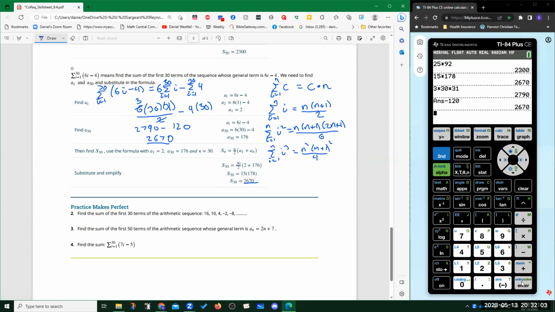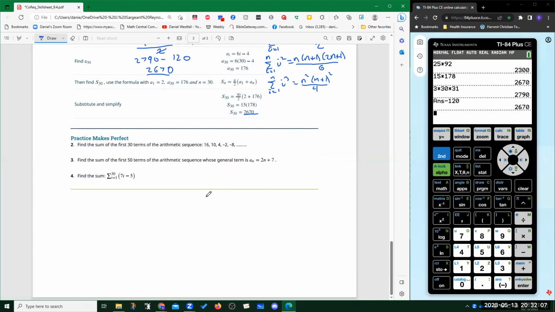All right, let's find the sum of the first 30 terms of the arithmetic sequence that is 16, 10, 4, -2, -8. So my D here is -6. It's arithmetic. My A1 is going to be 16. I need to find A30.